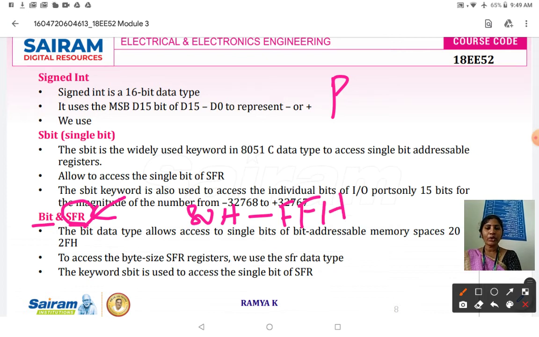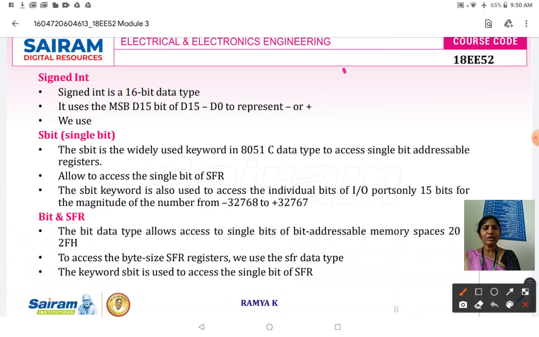So if you want to access such addresses, we will go for SFR, the special function register. Whereas bit is a single-bit data type that allows us to access only 1 bit of the bit-addressable memory space from 20H to 2FH. In the memory space we have three things.